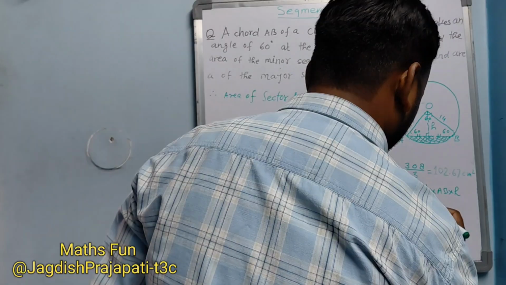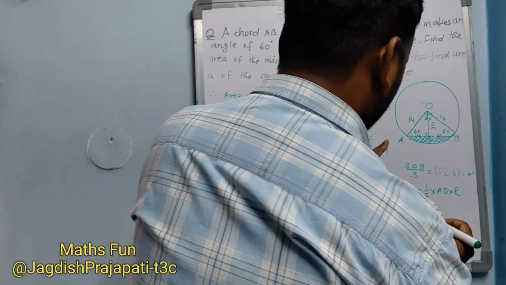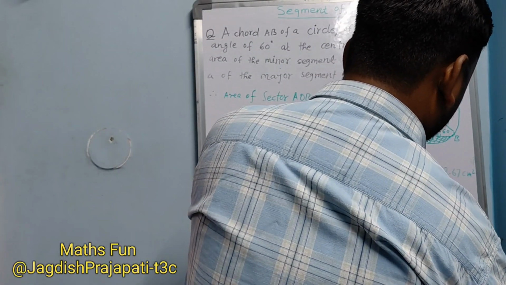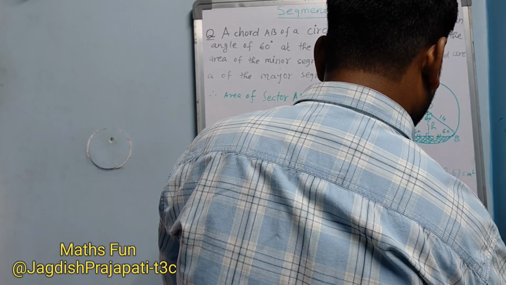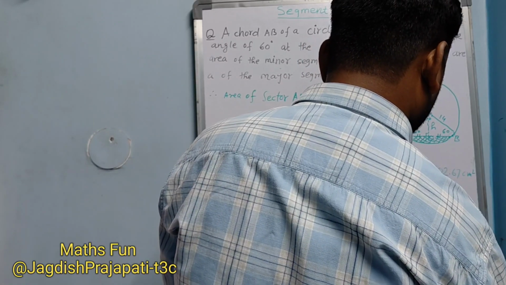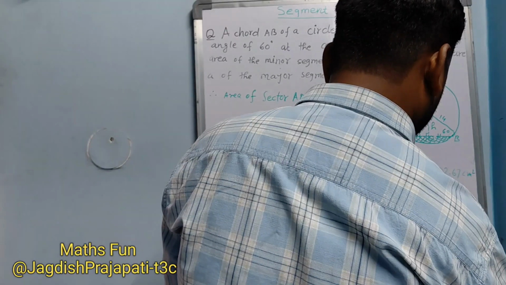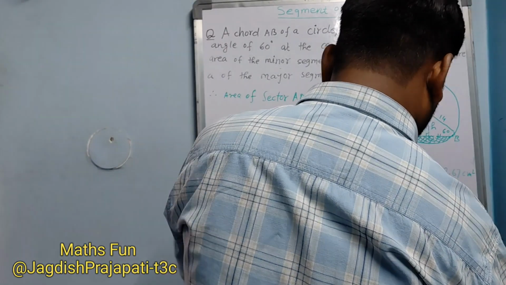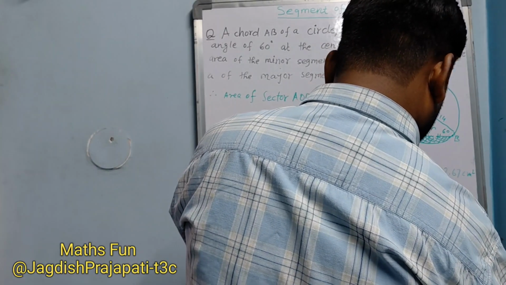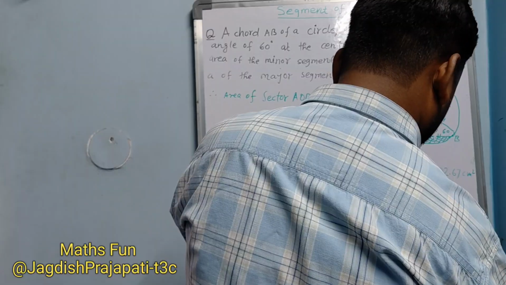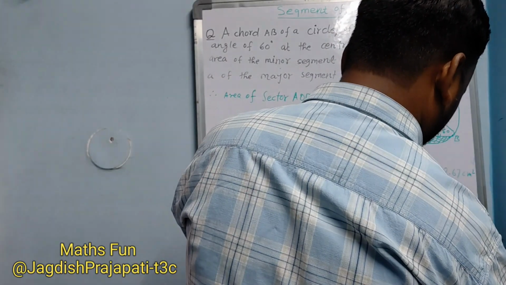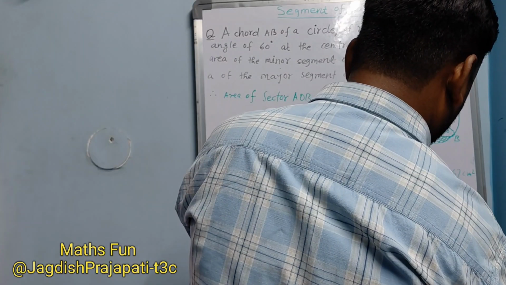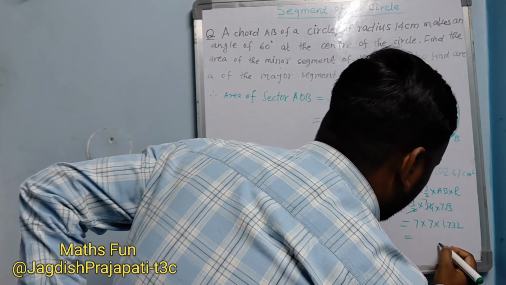So 1 by 2, AB is 14, and h is 7 root 3. Okay, so 2 sevens are 14, and 7 into 7 into root 3, which is 1.732. So multiply this.